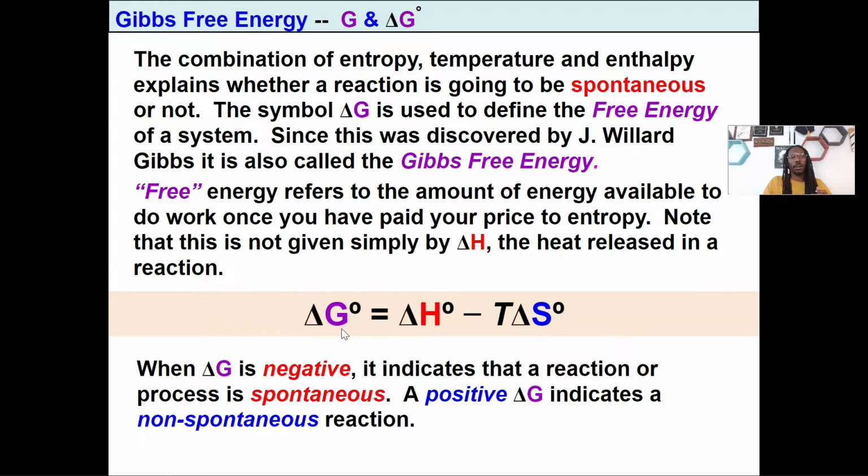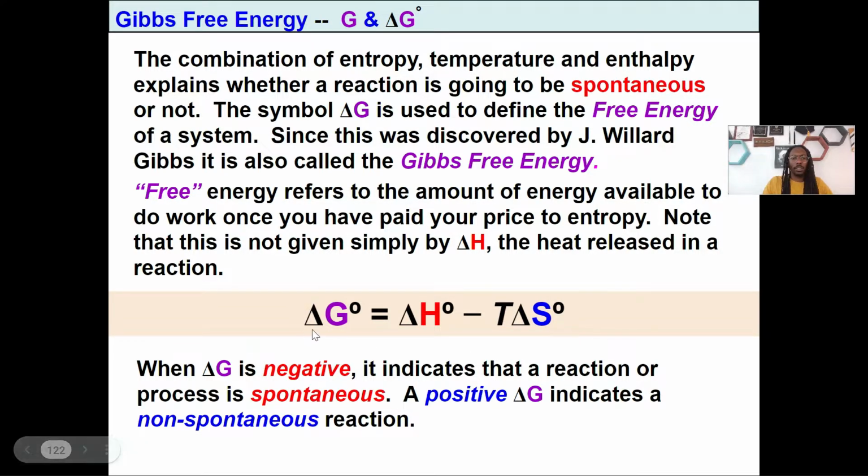This is our Gibbs free energy equation: delta G is equal to the change in enthalpy minus temperature times entropy. Like I said, this is a combination of all three of these state functions into one, and that free energy is just what's left over after everything.